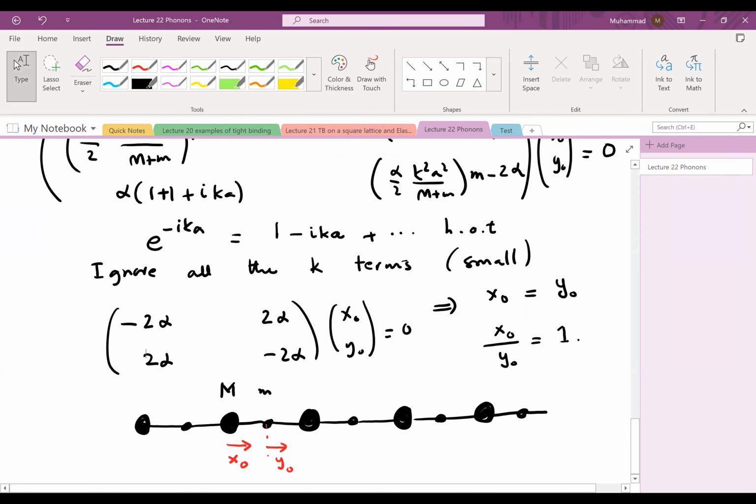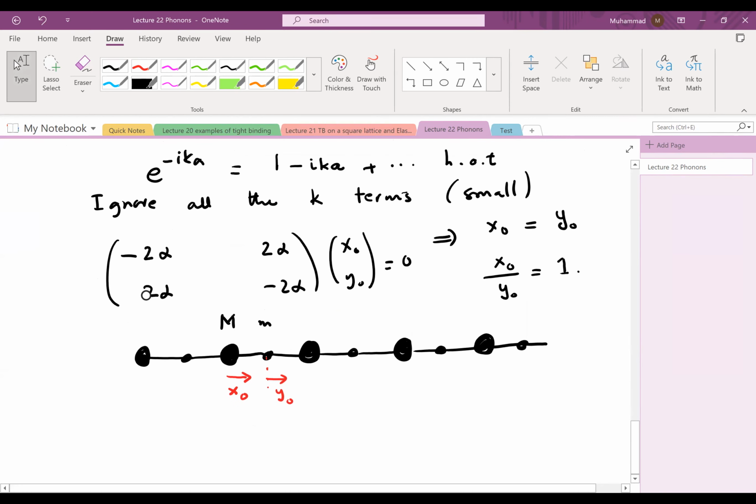They are always oscillating in phase in the same direction, and both of them are oscillating with the same frequency, omega square. Likewise, if at some point in time atom capital M is moving to the left, atom small m is also moving to the left. So all kinds of atoms are oscillating in phase, in tandem, together with one another, all with the same frequency.